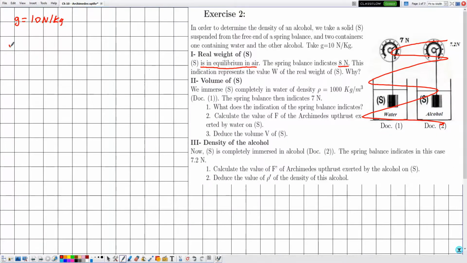Then let's say here we are in part 1. Since the suspended object, which is given by S, is in air at equilibrium, then the spring balance indicates its real weight.